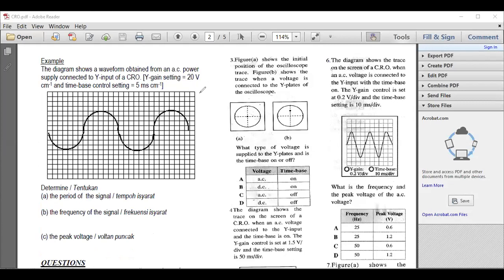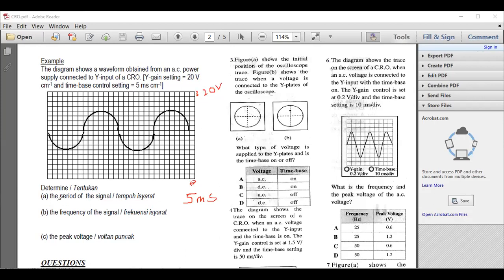When they say Y gain setting, that means the Y axis, so one box is 20 volt. And time base is 5 millisecond per cm, that means the X axis, so one box is 5 millisecond. That's the meaning of it.